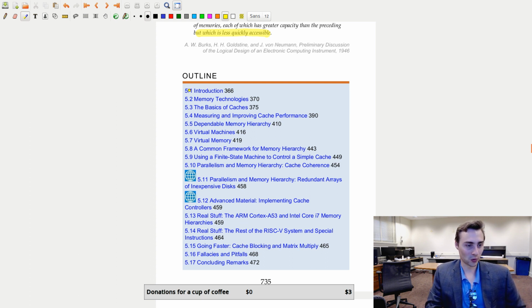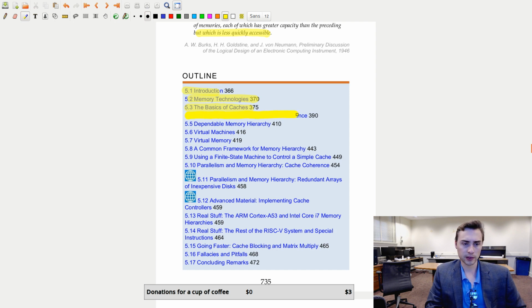So what are we going to talk about? A brief introduction followed by the memory technologies, so probably going over DRAM and SRAM, two of the more common designs for things like caches and memory. The basics of caches: what is a cache? Why do we need them? Why do we care about them? Measuring and improving cache performance.